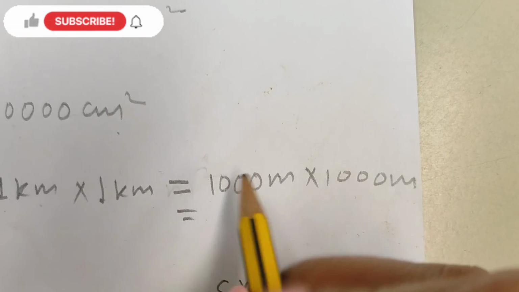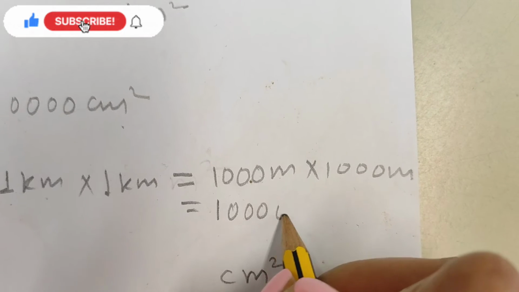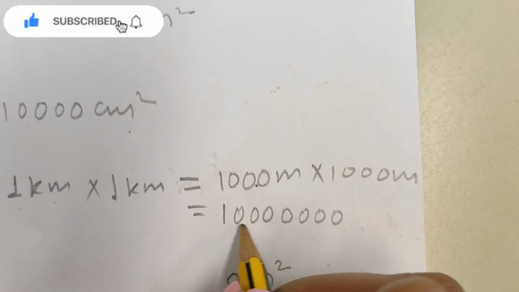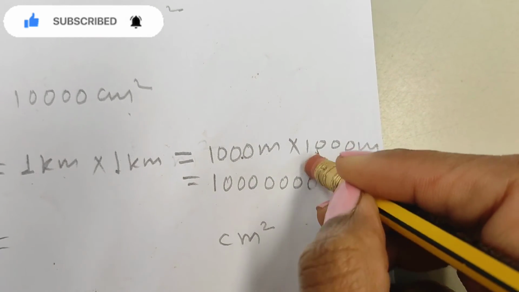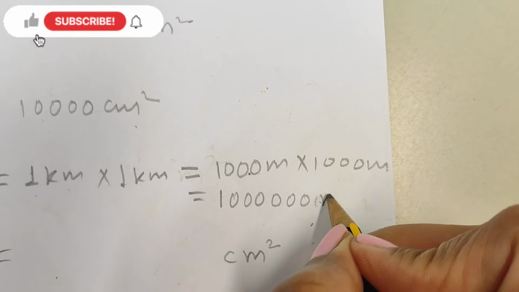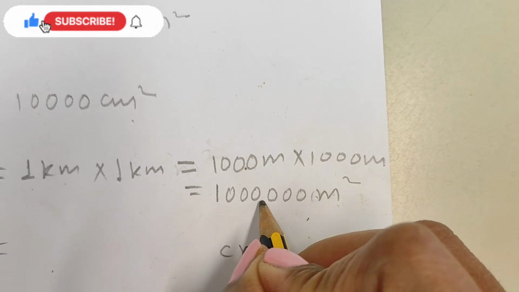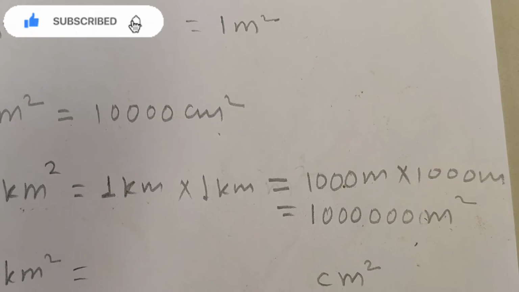How many zeros are going to be there? 3 zeros from here and 3 zeros from here. It's just simple multiplication. Oops, I made a mistake. I'm going to rub this 0 out. So 6 zeros, meters squared. Is that correct? So that's 1 million meters squared. That's what you got, right?